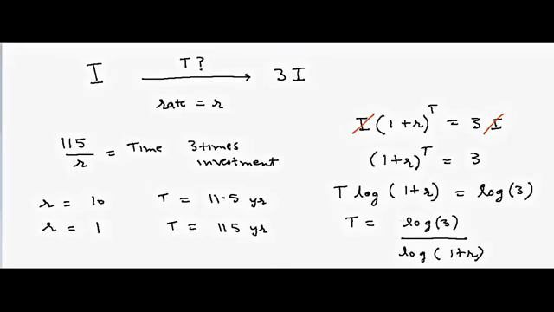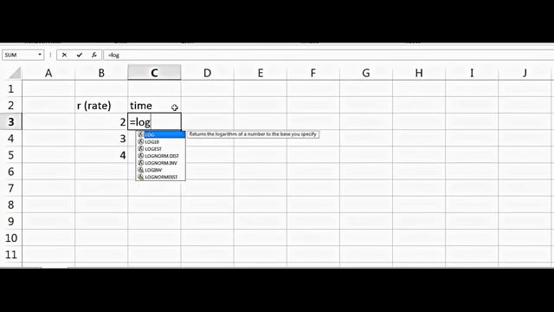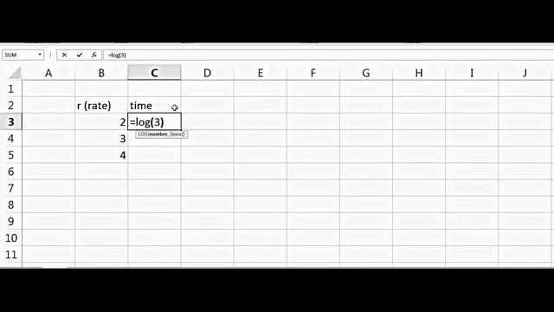So let's try to solve this equation in Excel. If I go to Excel, suppose r is my rate, and we have the rate varying from 2, 3, 4, and our time will be equal to log of 3 divided by log of 1 plus rate, right?